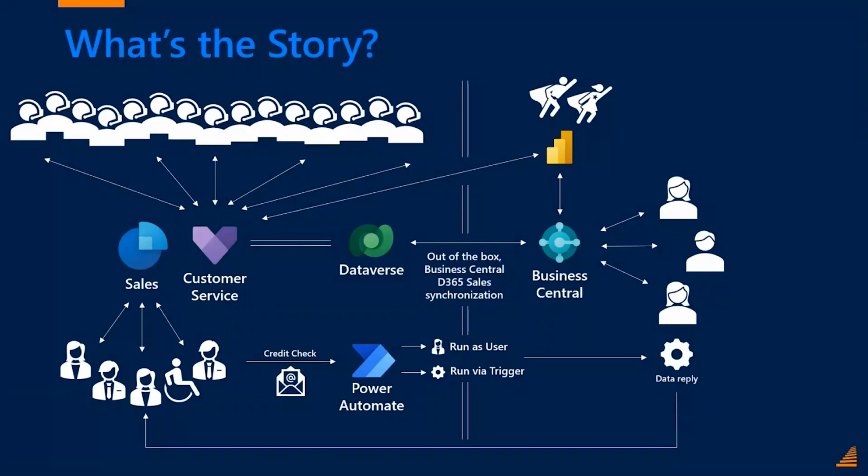The middle bit just changed. Out of the box Business Central Dynamics 365 sales synchronization. There's 2 levels of synchronization. You can turn on Dataverse, accounts, contacts, currency, salespeople, or you can also turn on sales. This also syncs items, so products, opportunities, sales invoices, order headers, order lines, all of those things that exist in the ERP system.